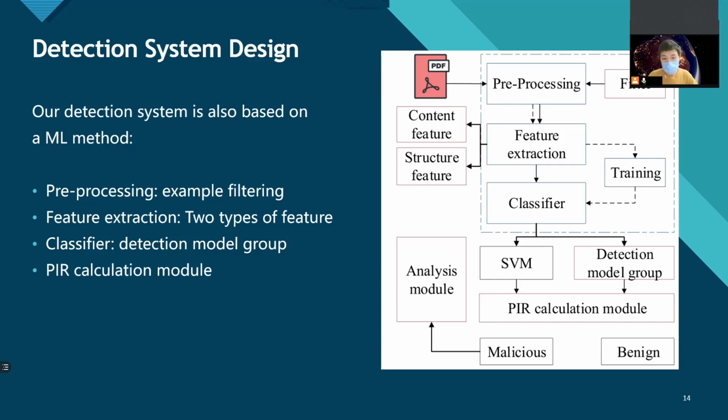To ensure that the detection results are reliable when generating the final classifier, we first need to train an original model and ensure satisfactory performance. Then we generate a series of models for calculating PIR based on the detection model group generation algorithm. And the PIR calculation module was added after the classifier.